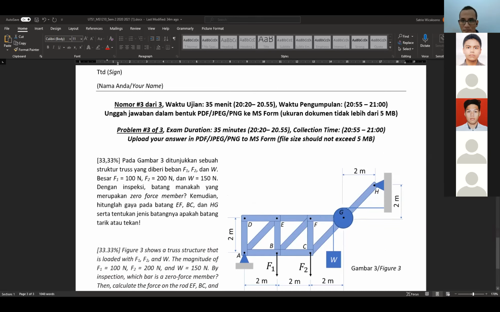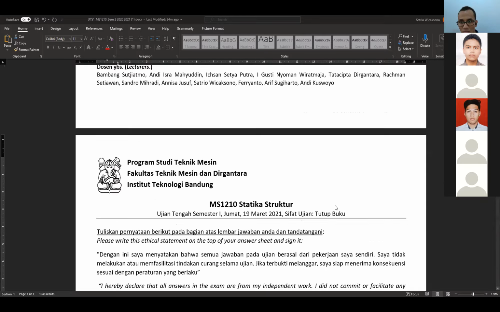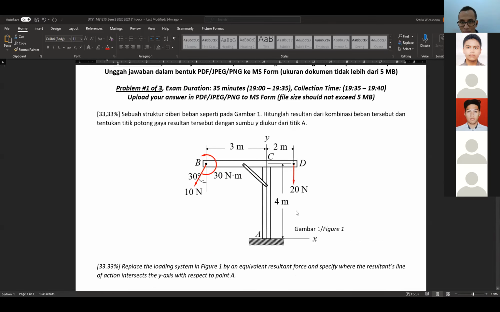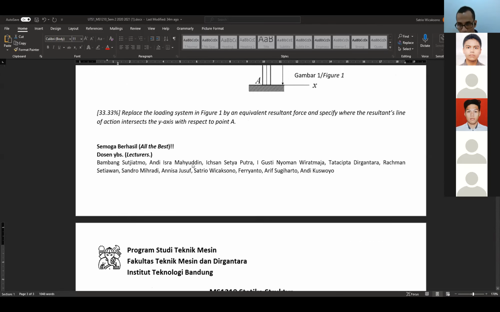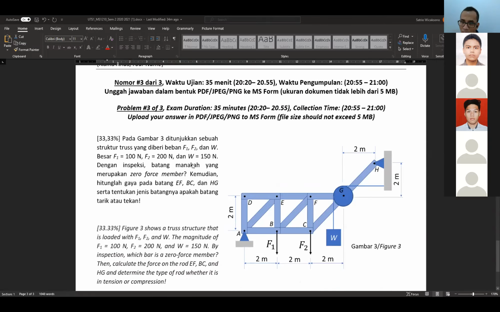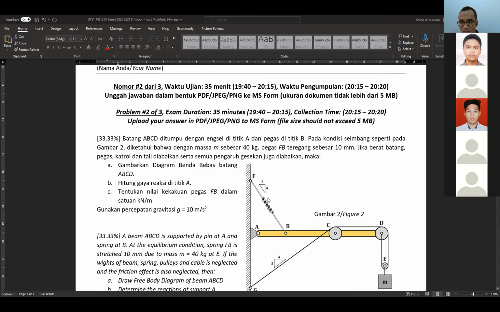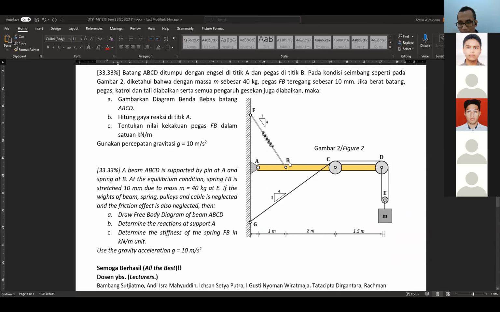So, for example, maybe number 1 will be graded by Bu Anissa. Number 3 most likely will be graded by Pak Ferry. Number 2 most likely will be graded by Andi Puspoya.